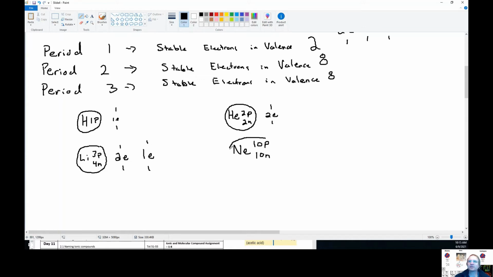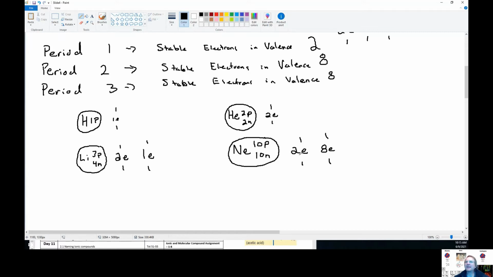Let's draw a circle. There's the nucleus, there's all the mass. We've got to draw the electrons in their orbits out here. If we can put 2, which we can, we'll put 2 there. Because 10 protons, we got 10 electrons to deal with. So we can put 2 here, we can put 8 there.